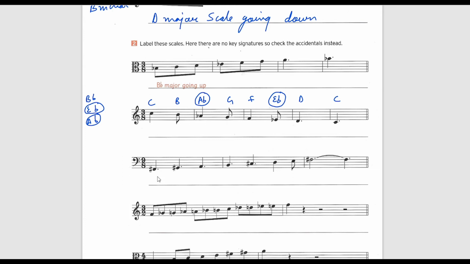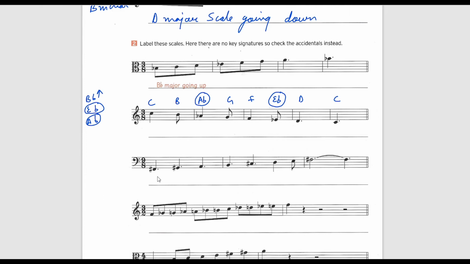Now in C minor, this is the 7th degree because this is going down. So if we count here 1, 2, 3, 4, 5, 6, 7. So this is the 7th degree. We count from here 1, 2, 3, 4, 5, 6, 7. So this should have been flat, but I think this is raised by a semitone. So this one is raised by a semitone, so it becomes natural.